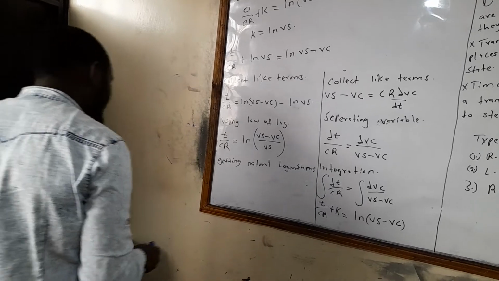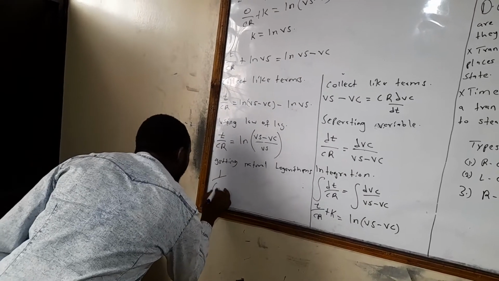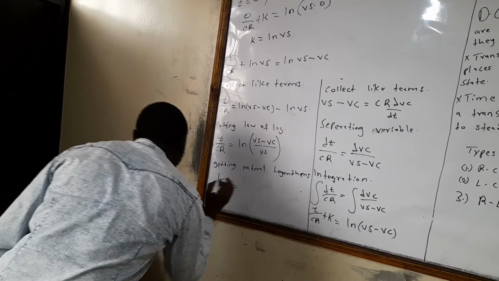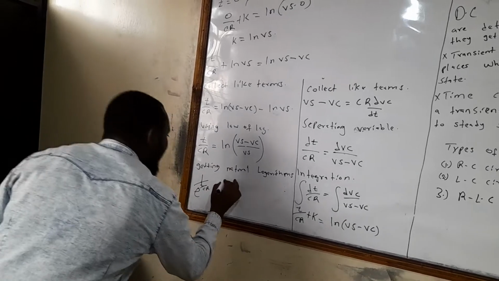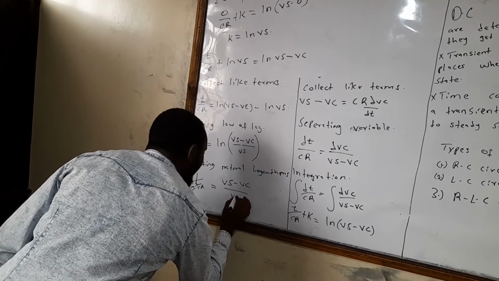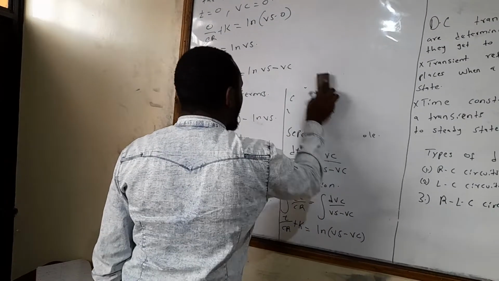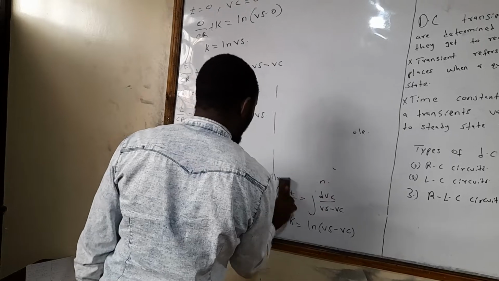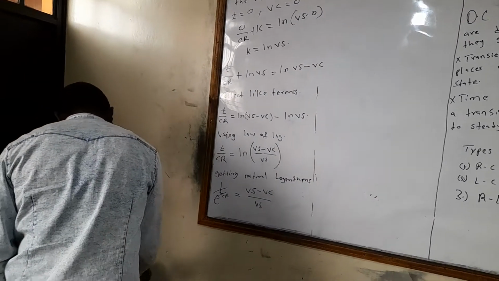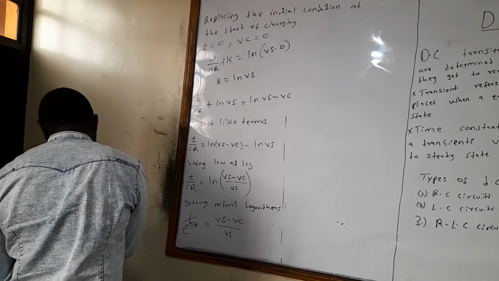And we are going to say this one is 1 over exponential t over Cr is equal to, now we remove this E, that is Vs minus Vc divided by Vs. I hope you are following very well up to where we are.